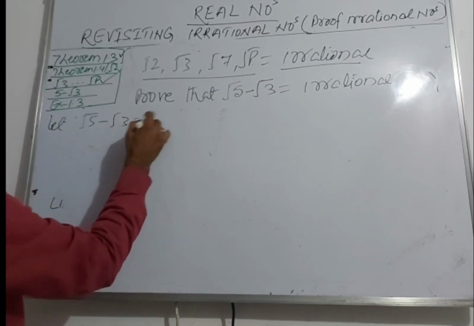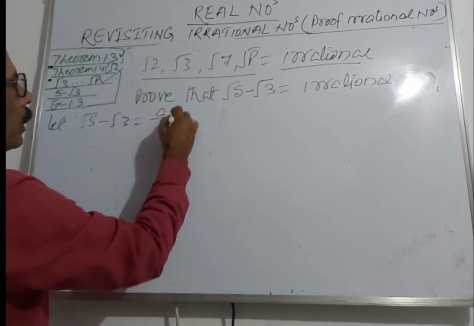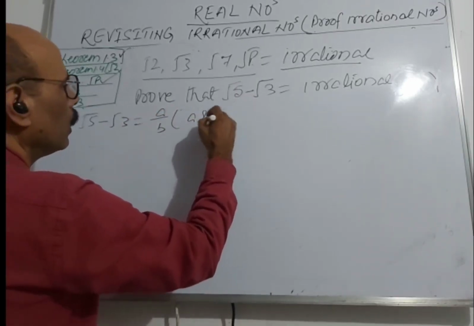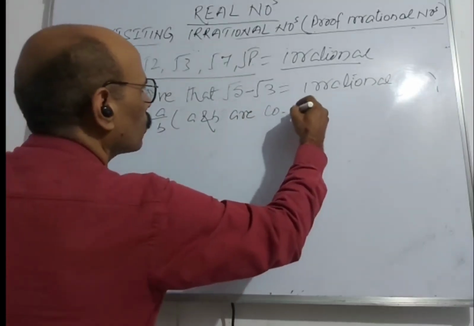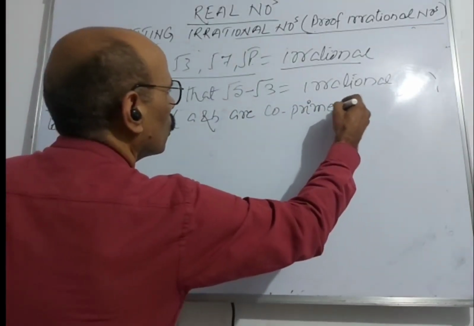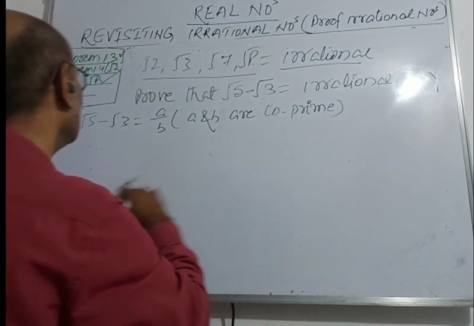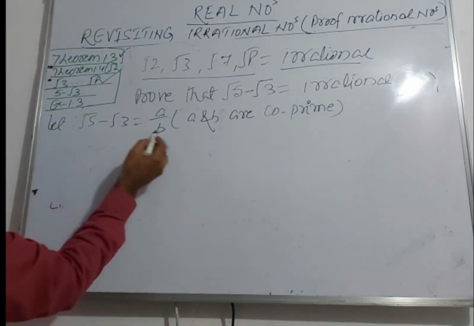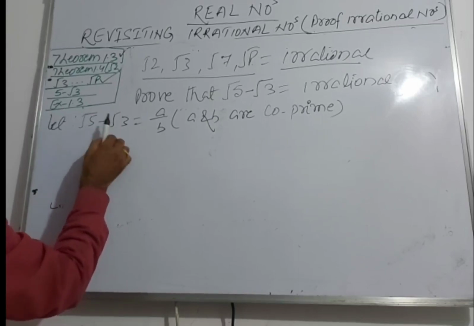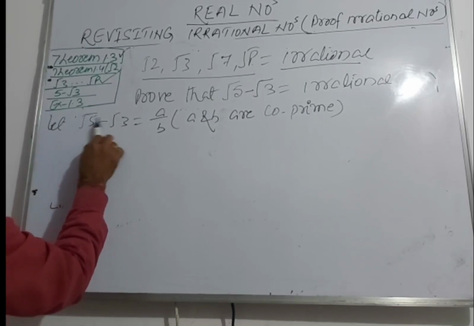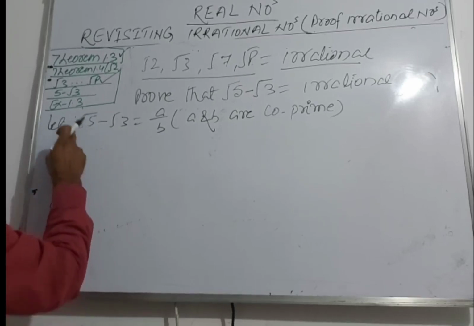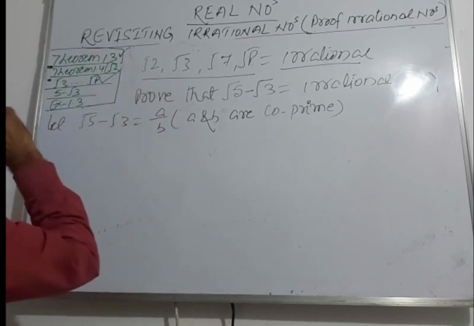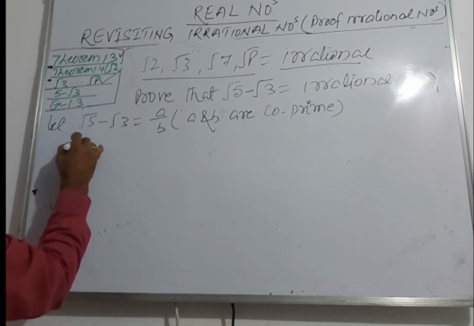Let these two numbers be a by b, where a and b are co-prime. Then again proceed with these two irrational numbers with minus or plus. Then what do we have to do? Square both sides. Okay.